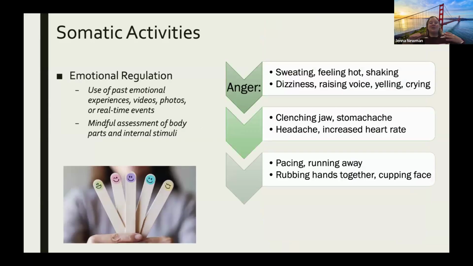And then after you do some of those foundational activities where you're focusing on just one body part or one body sensation, you can then work on combining a lot of the body sensations together.